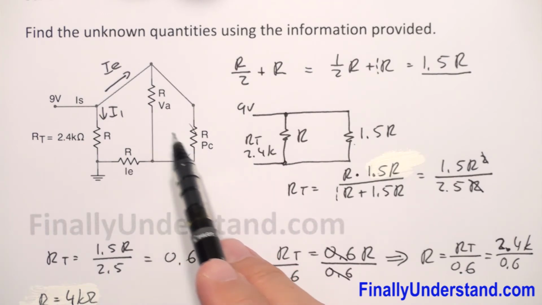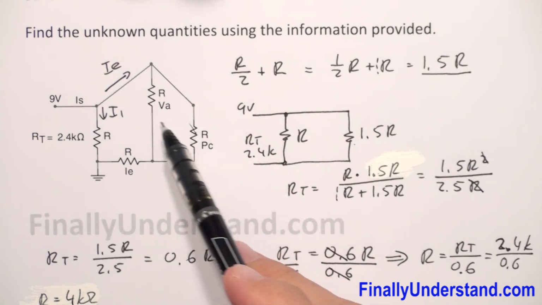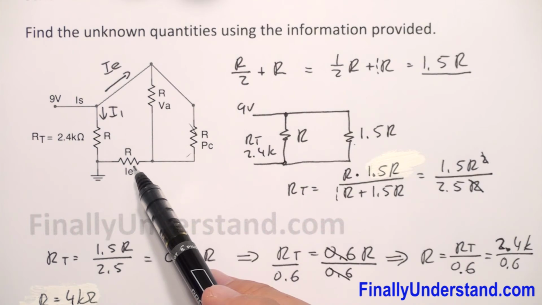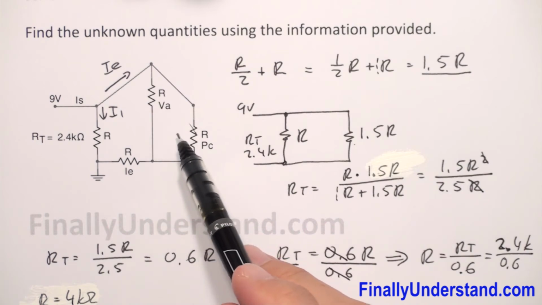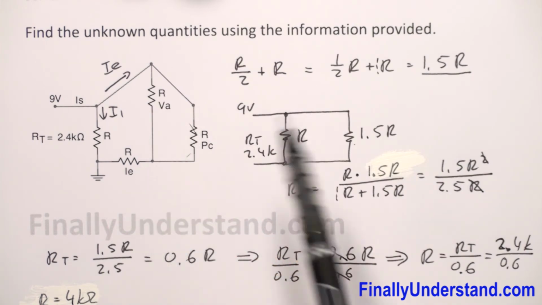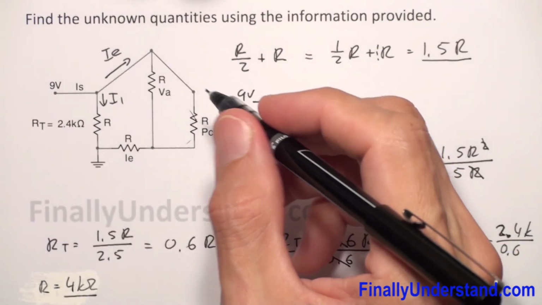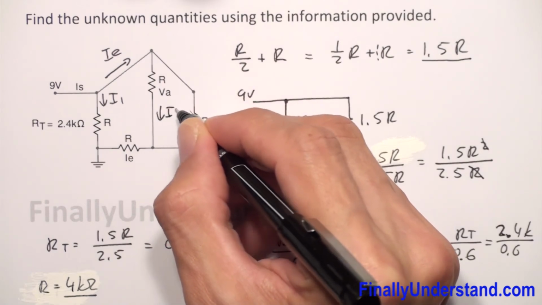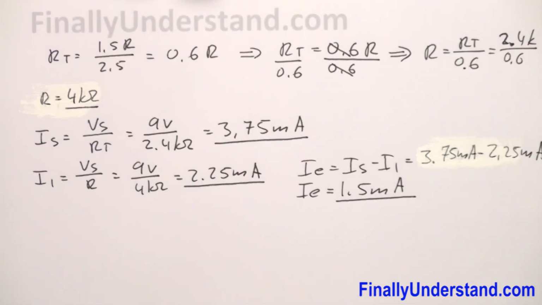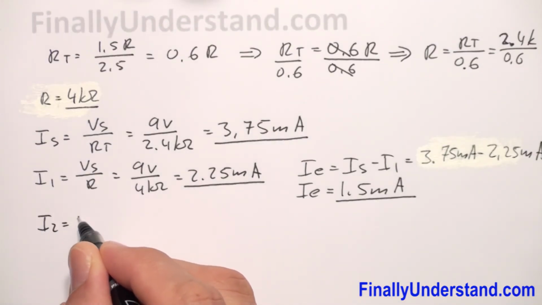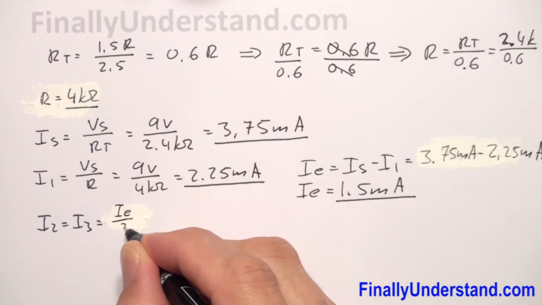Because these two resistors are identical, the current which will go through each of them is going to be simply half of this current. Each resistor is going to carry just half of this current. So let me call this, by the way, I2, and this is my I3. So I2 is equal to I3, and this is equal to IE divided by 2.